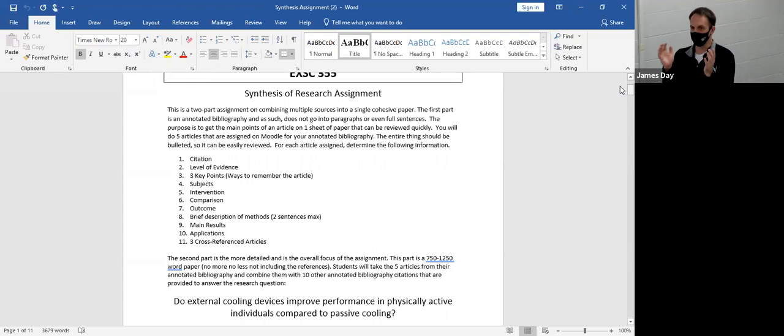This is not full sentence writing. It's not flow. It's basically the nuts and bolts of the article in a way where we can put it together. These are the 11 things that I want from each article.